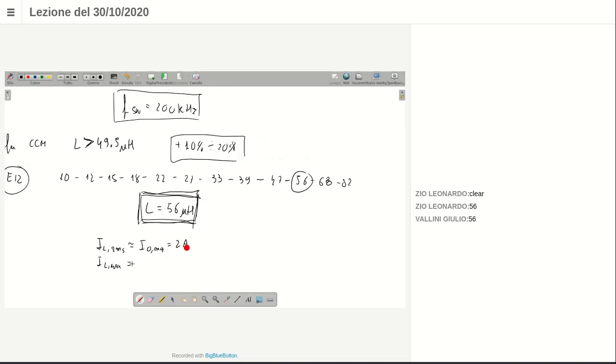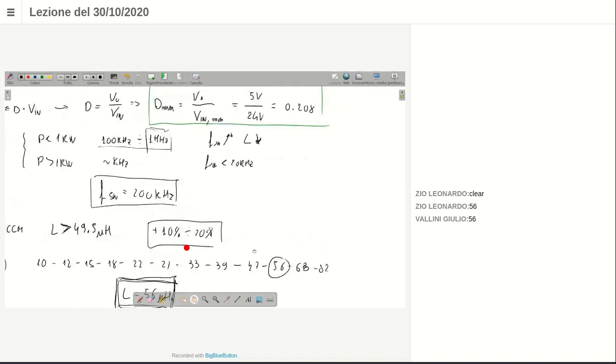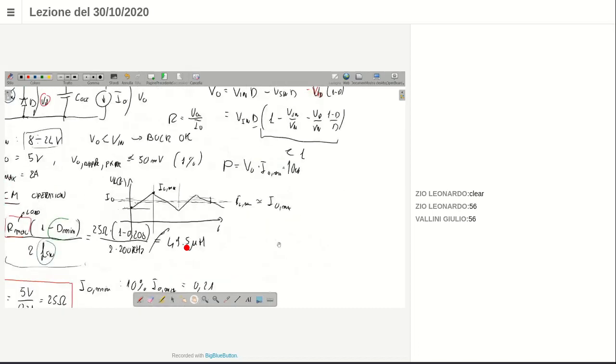In order to get the maximum value of the inductor current, since we have this situation, the mean value of the inductor current is the output current.